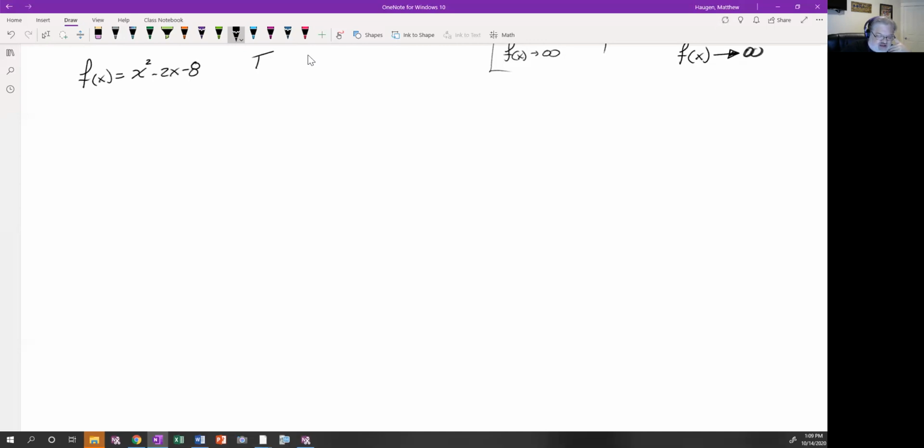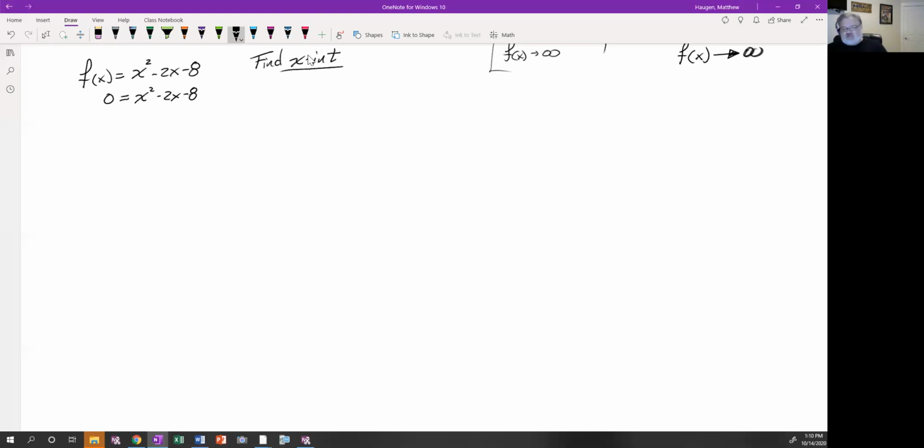And I said, find x-intercepts, you would respond in one of a couple different ways. From our last discussion and from your background, you know that x-intercepts happen when the function is equal to 0. So we should be responding by setting that equal to 0.